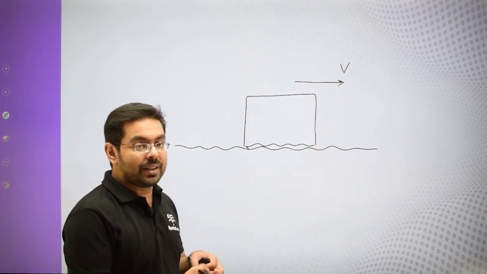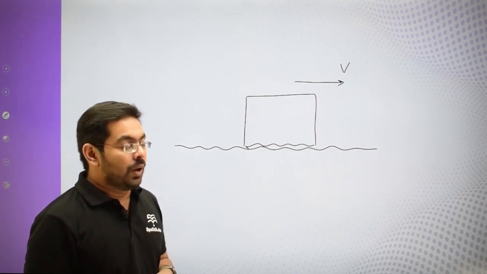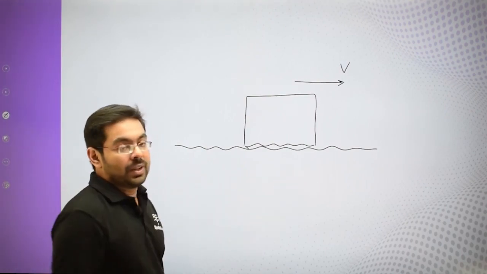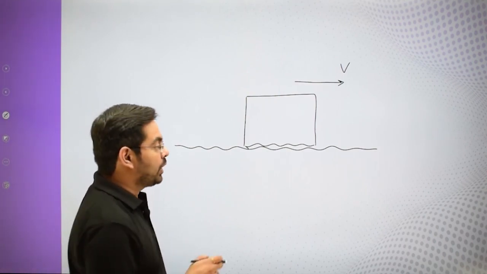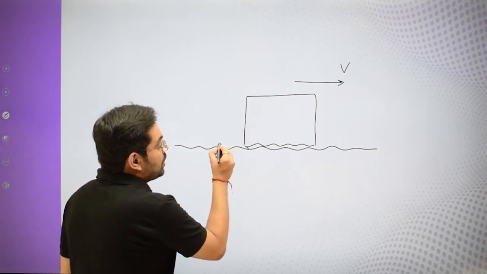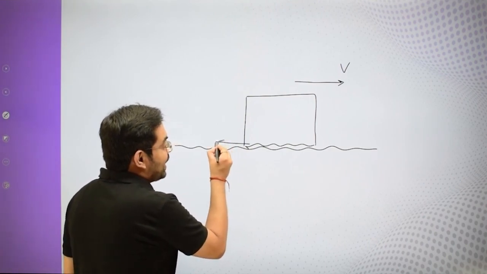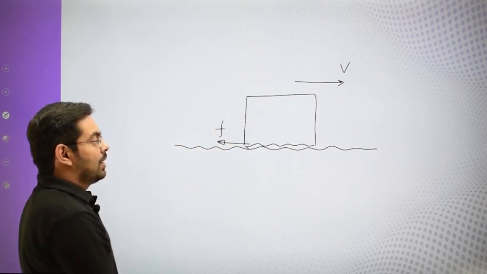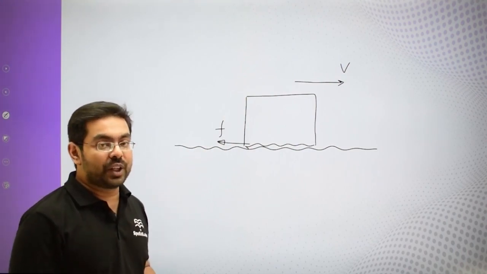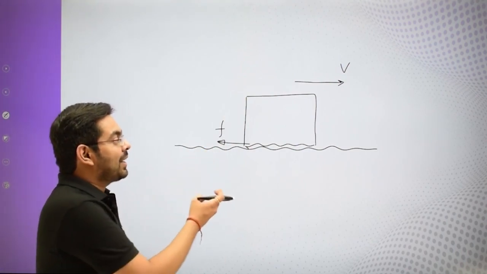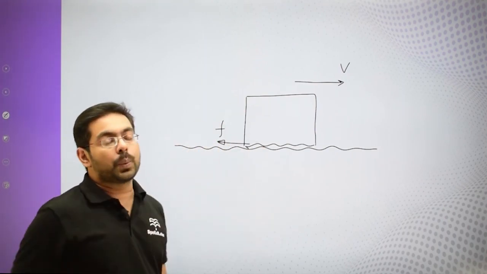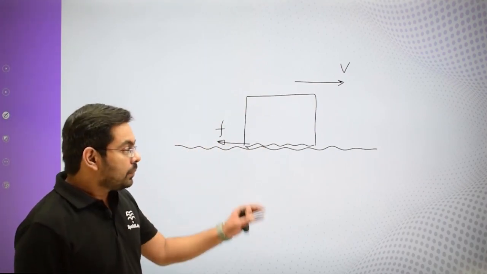These irregularities will stick with each other and cause some resistance in the motion. This resistance of motion, that resistive force, acts always tangential to the surface. So friction in this case, small f I am denoting for friction, will act in the backward direction because the block is moving in the forward direction.